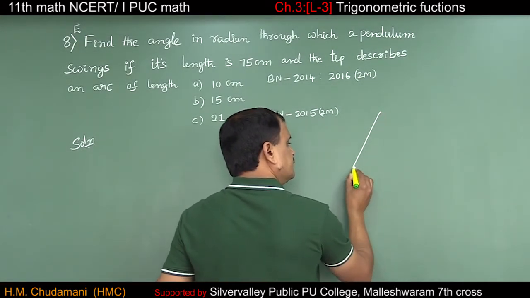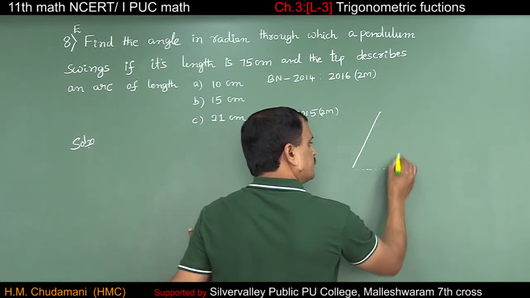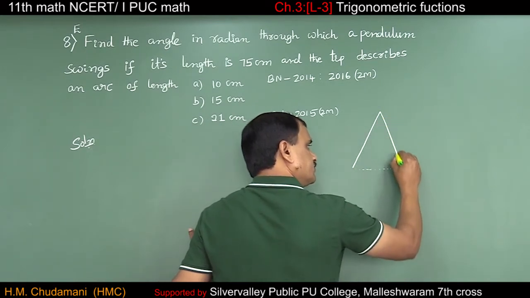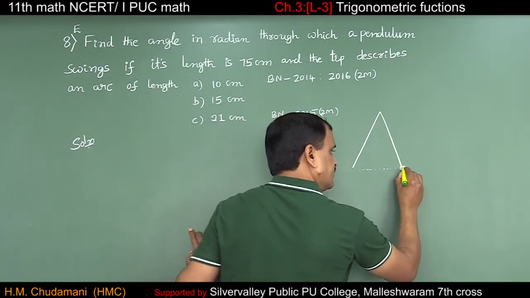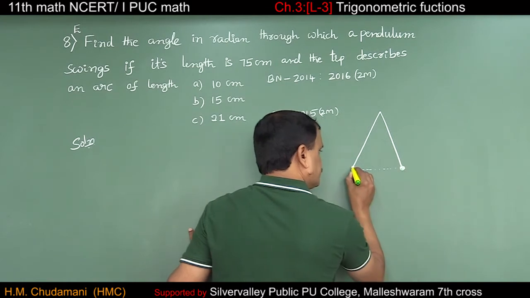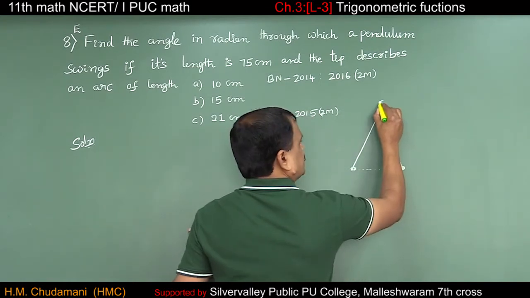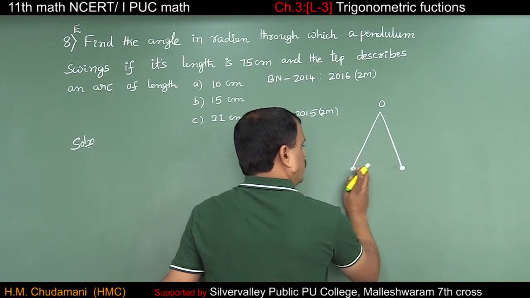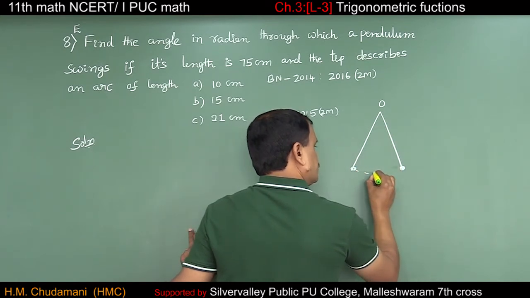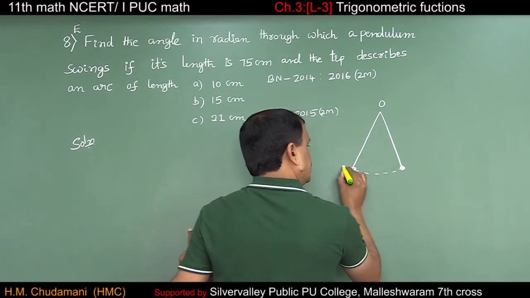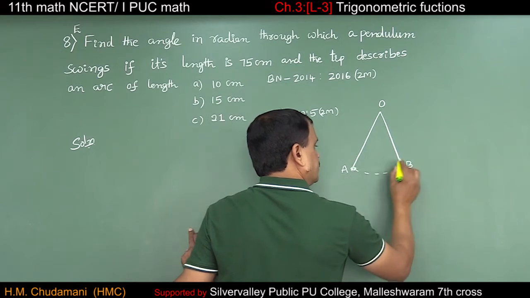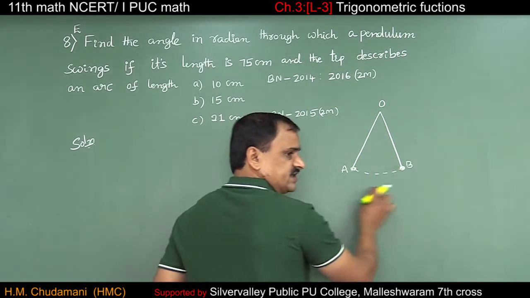See, here is a pendulum. This is the pendulum. Say O, A, B. It swings like this.